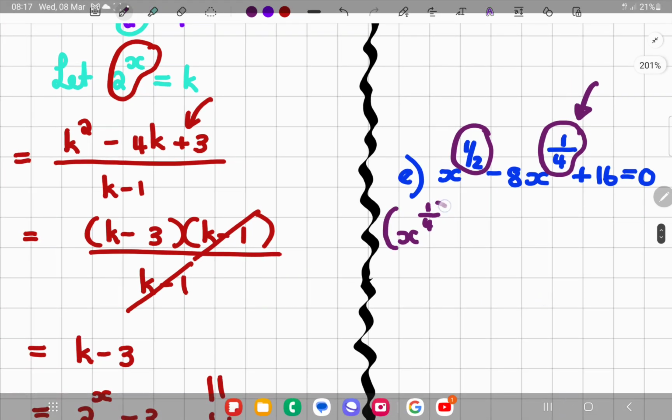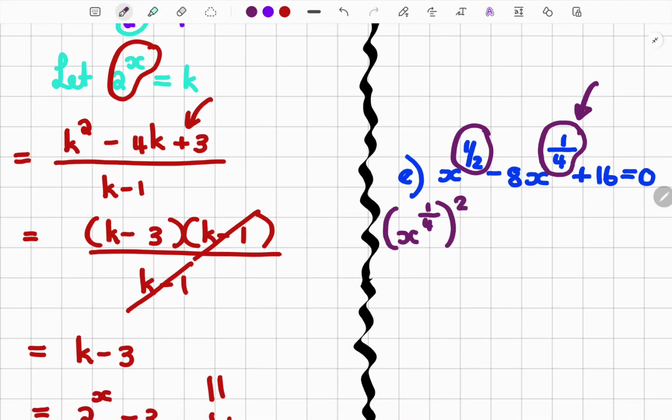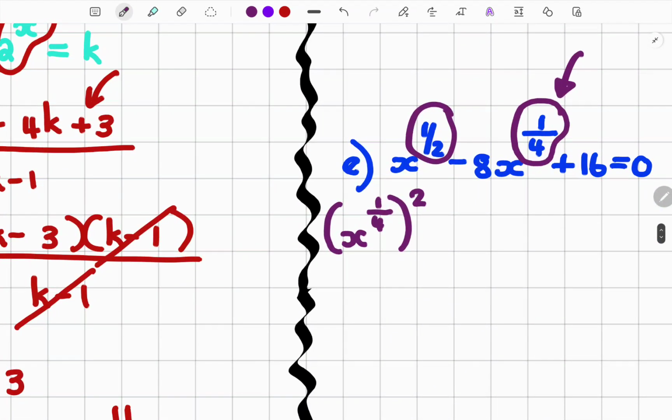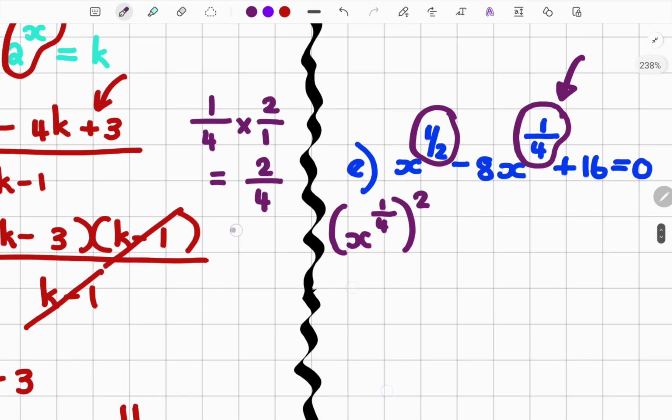And then if I have to take it to the power 2, can you see a power raised to a further power you multiply together, which will give me 1 times 2 is 2 over 4 times 1 is 4, which gives me this half over here.